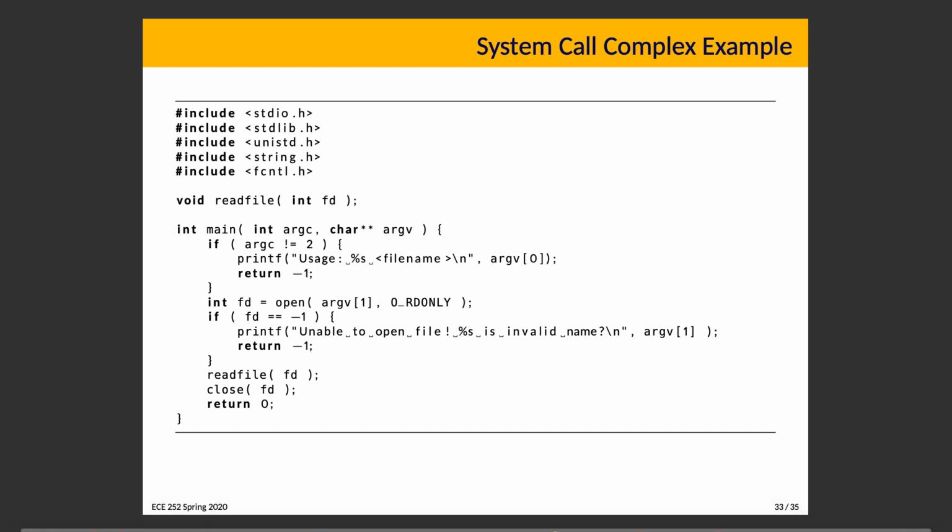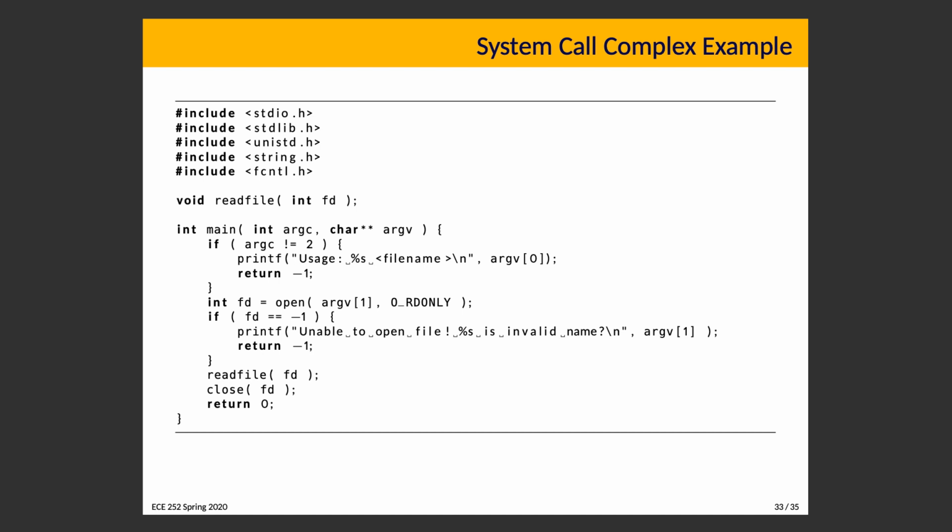Okay. Let's imagine a slightly more complex example. And this uses some things that are a little bit Linux specific, but it's a very simple program. It reads a file and prints it out. Hopefully, you've become familiar enough with the concept of C to be comfortable with reading this code along with me. So up at the top of the file, we have some includes of some standard libraries.